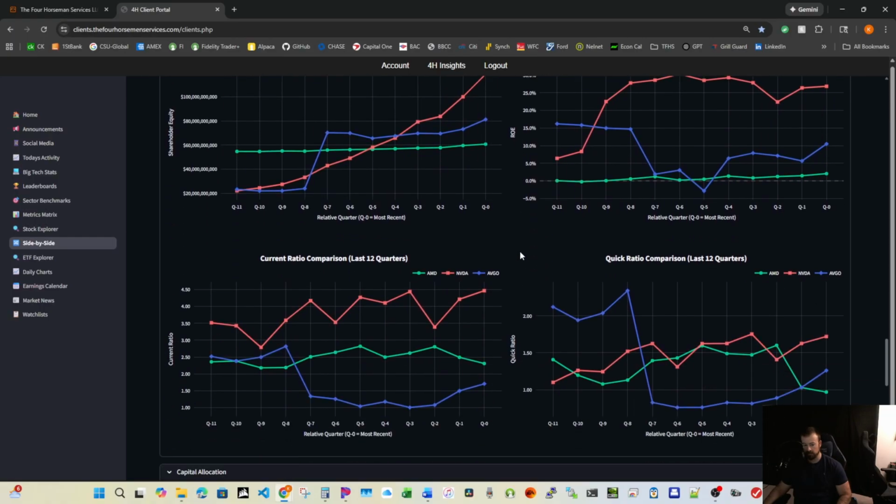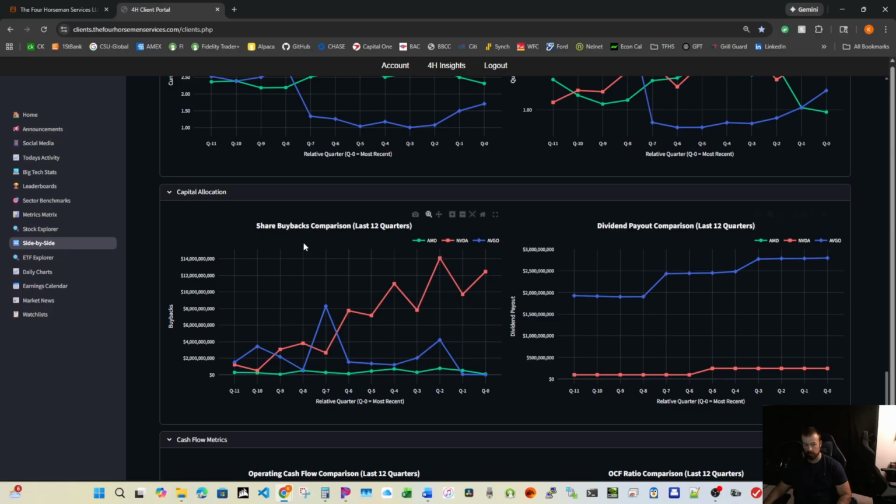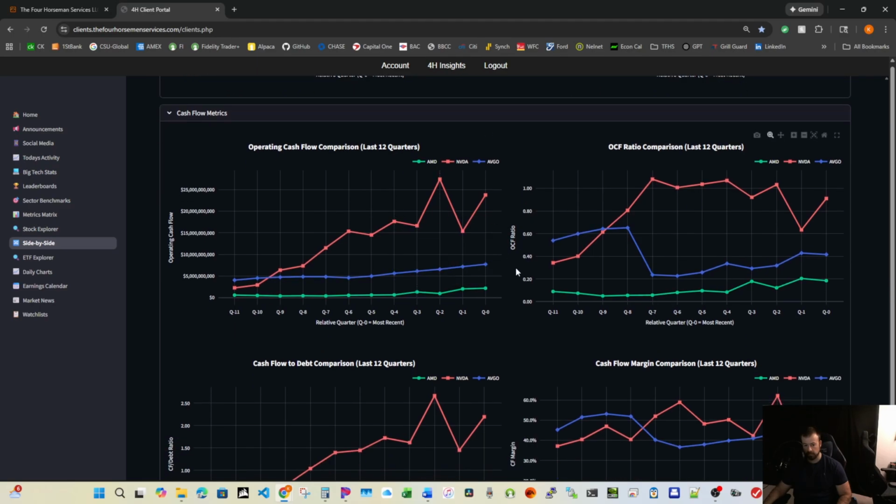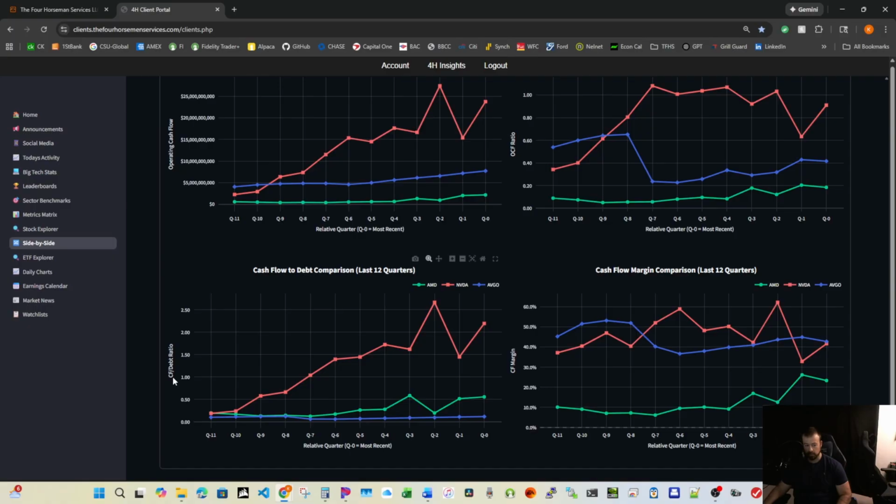There's a plethora of information here just on the balance sheet. Then I can look at capital allocations and see who's buying back shares and who's paying out dividends. Then I have different cash flow metrics specific to look at operating cash flow and operating cash flow to debt ratios.